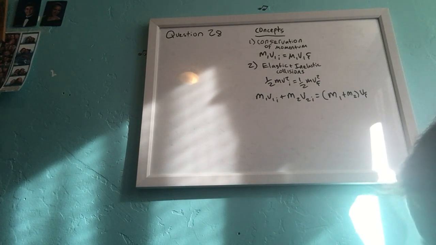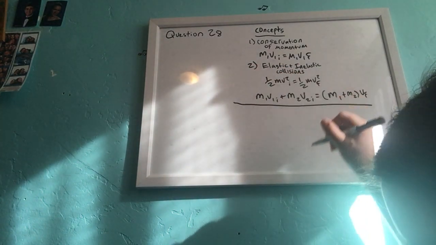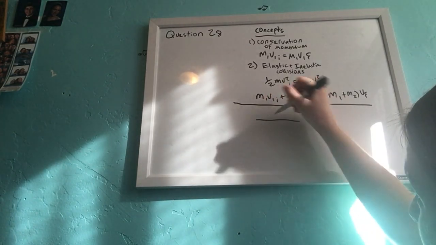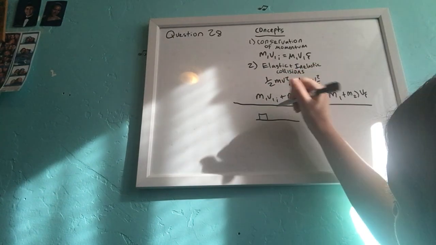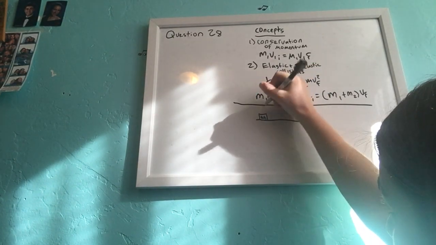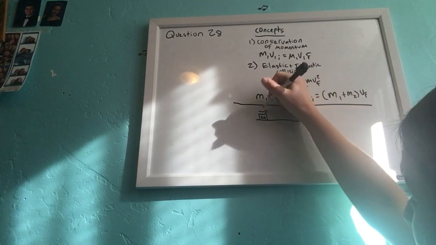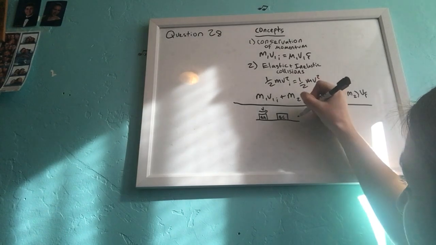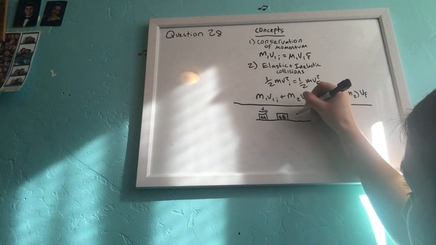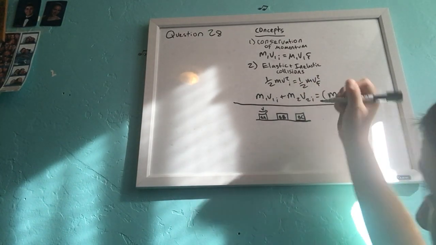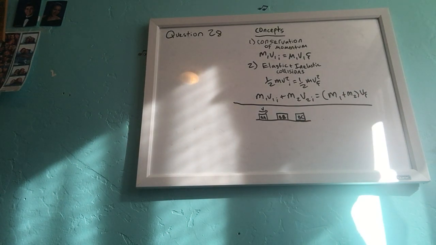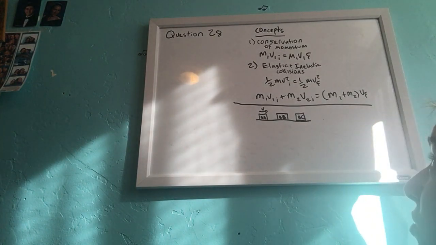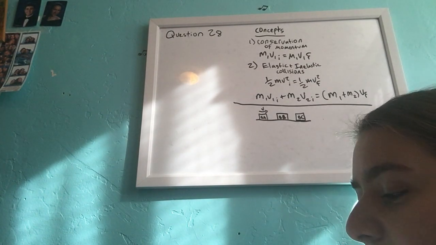First I'm going to draw what's happening here. Block A is moving at a velocity, and then block B and block C are at rest. So only block A is moving. The first thing to look at in this question is that it says a horizontal frictionless surface.